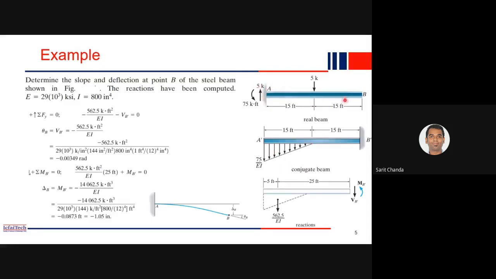So what is the moment diagram of this beam? If I draw the moment diagram here, the load is acting here, which is creating a clockwise moment at B. How much will it be? 5 K is the force, 5 into 15, so a total moment of 75 will be generated at this end.